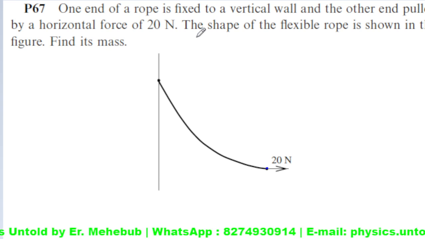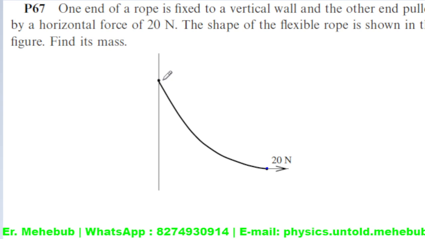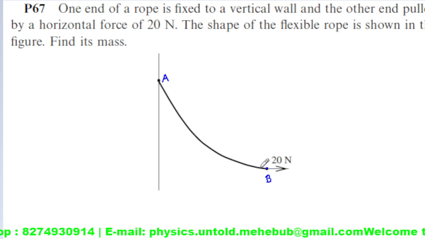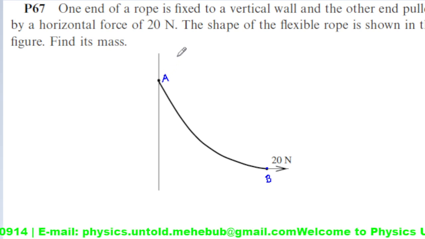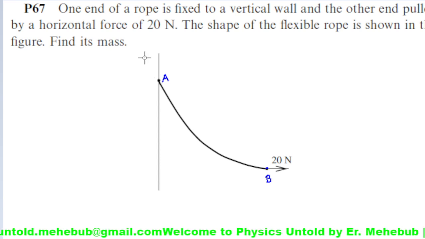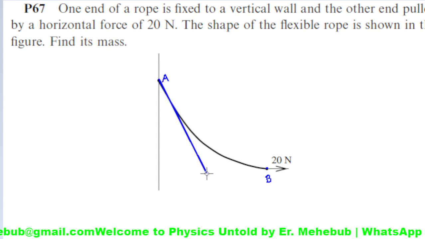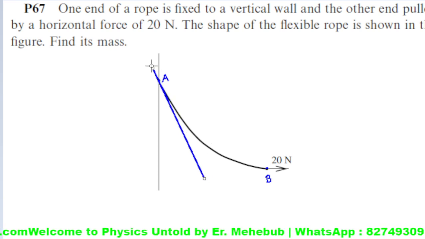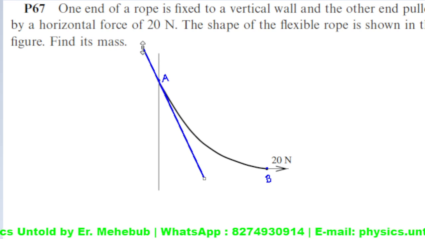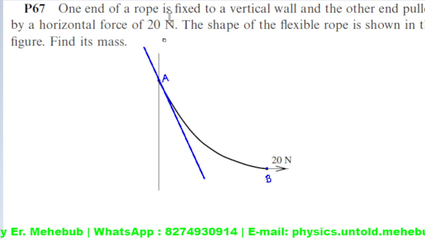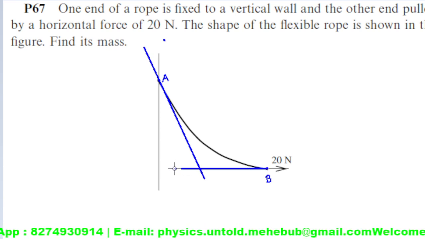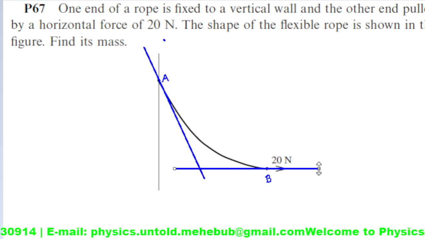So if we draw a tangent at this point, this is our point A and this is our point B. If we draw a tangent at the point A on the curve, the tangent looks like this. And again, if we draw a tangent at the point B, it looks like this. This is the tangent at the other end B.